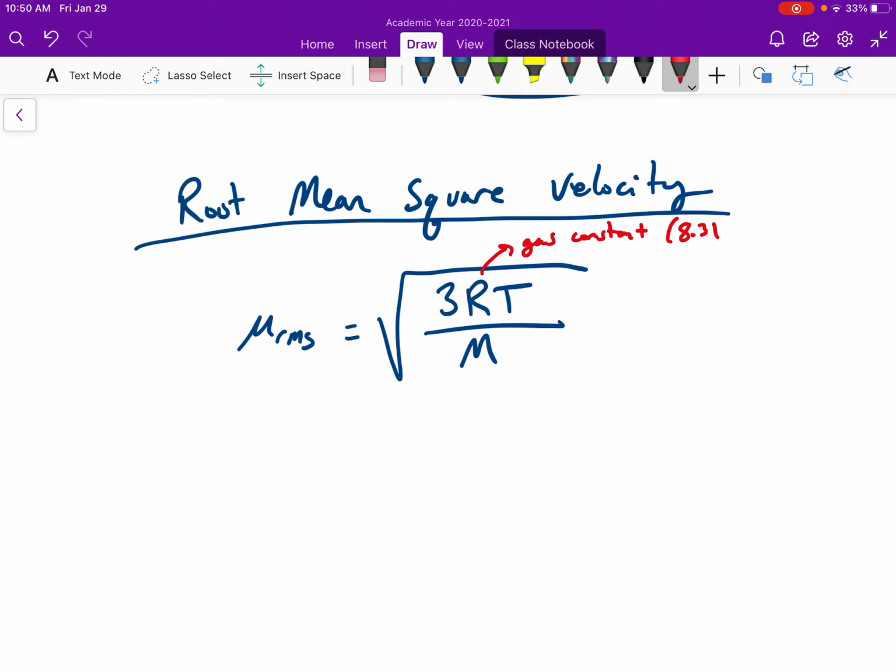Okay, because, well, it's a long story, but those units won't cancel otherwise. Because the 8.31 is an official SI unit with kilopascal pressure, we can actually convert that into kilograms times meters squared over mole Kelvin seconds squared.